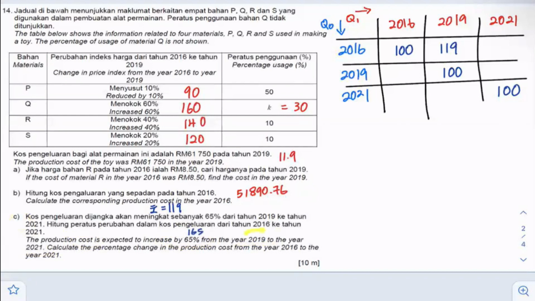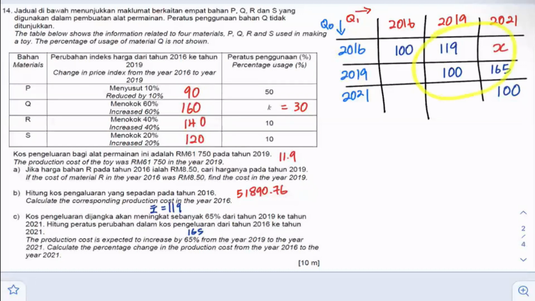And this is when your Q0 equals 19 and your Q1 equals 21, which is this area here. So here will be 165. And what the question wants now is from 16 to 21, which is this column here. So we want to find the index here and we put an X.